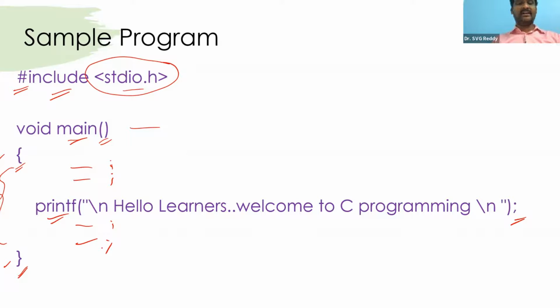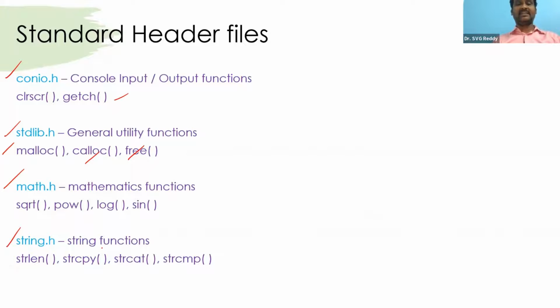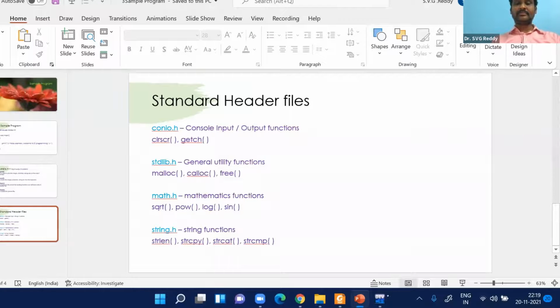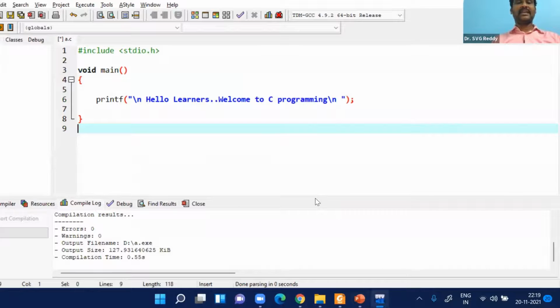Okay. Now, we have seen something about the header files. Now let's execute the program. So yes, the same sample program I've loaded in the software here. Of course, we've used Dev C++. We have written the program, include stdio, void main, and printf.